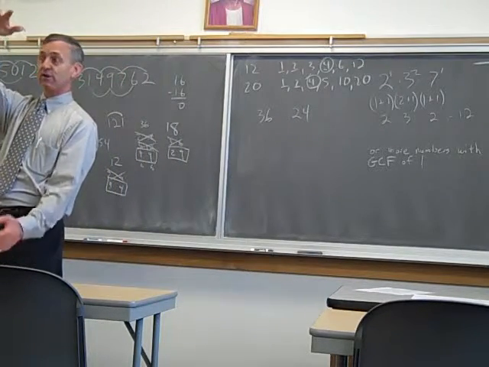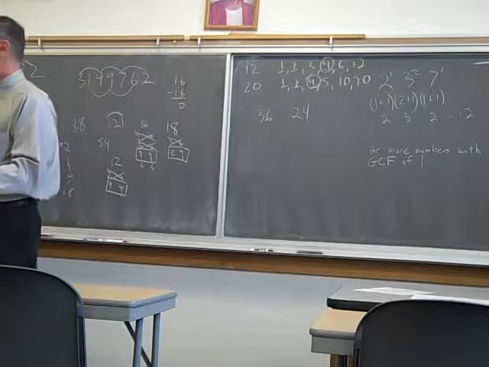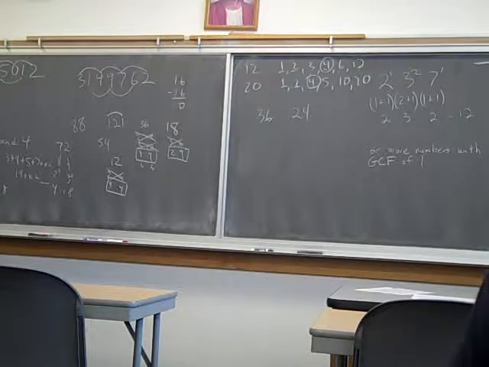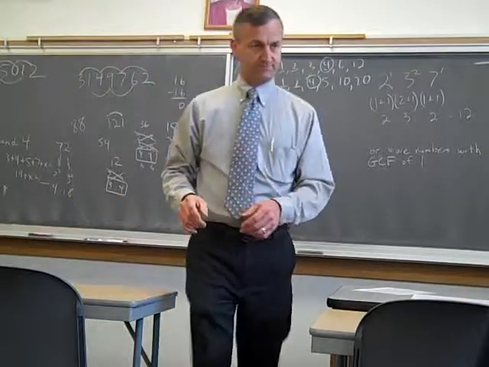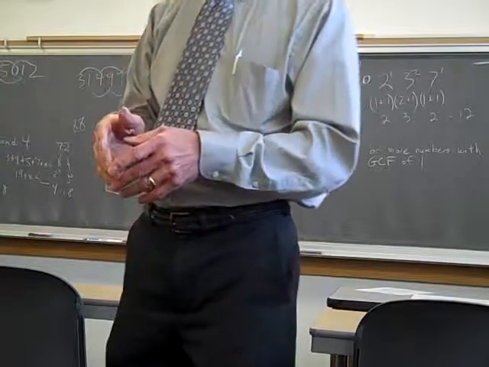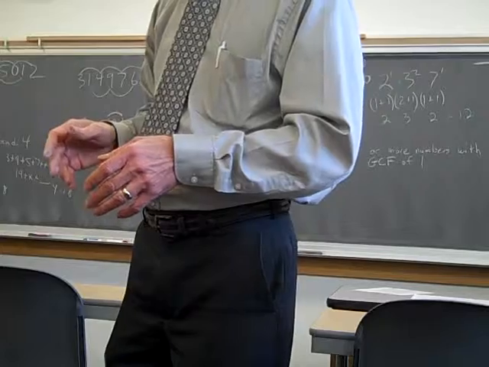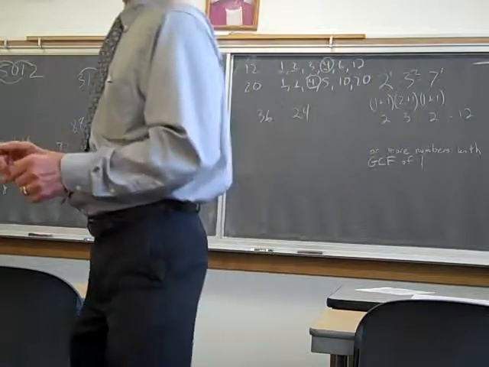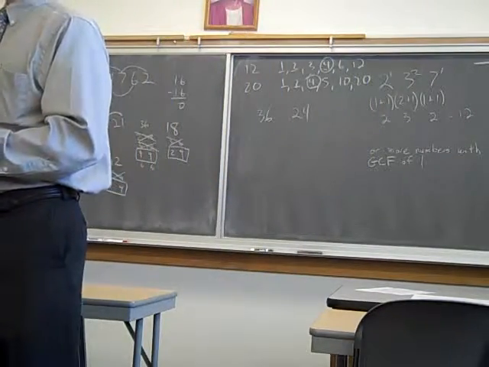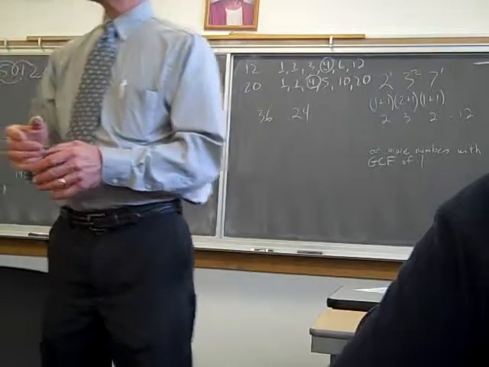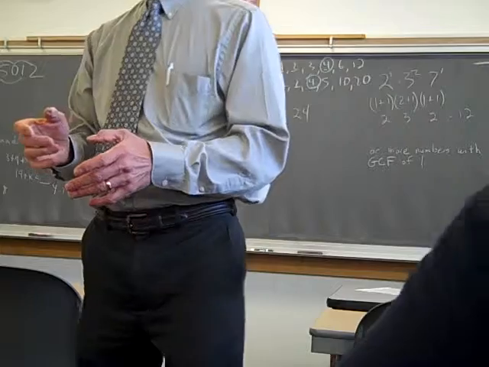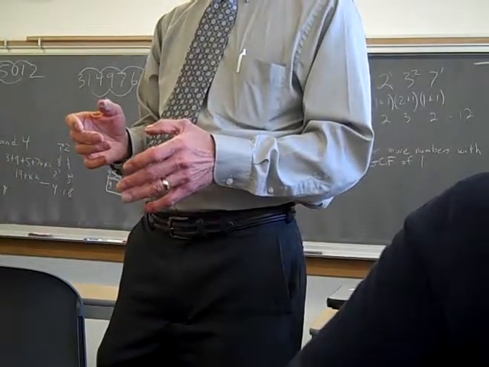That's why you have a partner, so they don't tip over. You can lay them down if you want, but I think it's fun to put them up. So 12 is our greatest common factor.